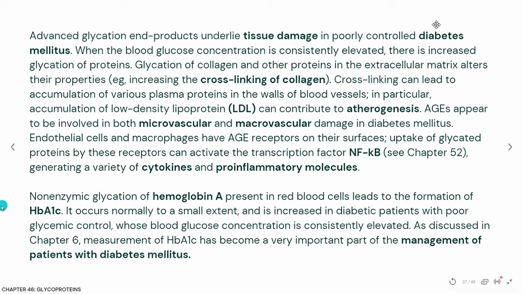Now, it's like this. You form AGEs, and the endothelial cells and macrophages have AGE receptors on their surfaces. So uptake of glycated proteins by these receptors can activate transcription factor NF-kB, generating a variety of cytokines and pro-inflammatory molecules.